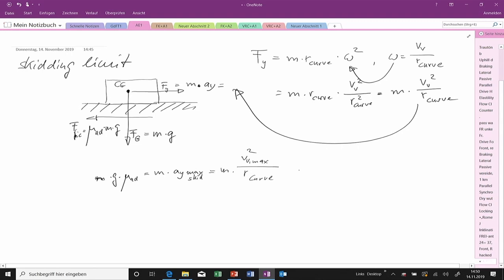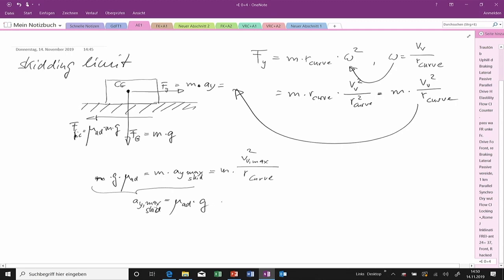Now we have three expressions, and if we compare the first two, we can see we can cancel the mass. It's available in both, so from those we can find an expression for the maximum lateral acceleration concerning skid. And this is just mu at times g.